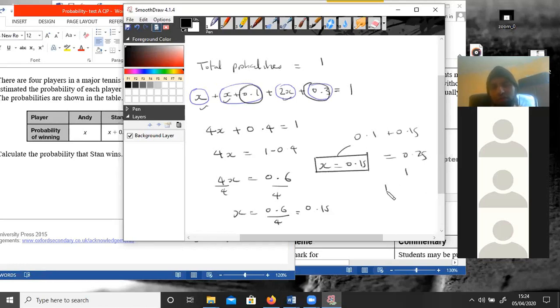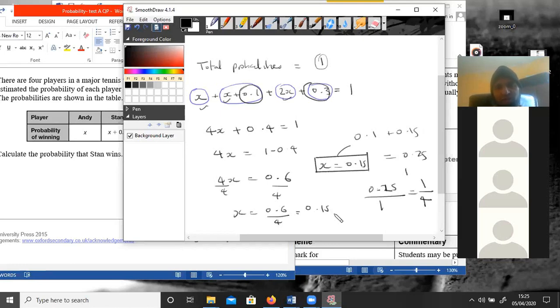Or you could even say 0.25 out of the total, which is 1, equals 1 over 4. Good job. Would they mind if you left it as 0.25? No, they wouldn't mind. Unless they tell you to put it in a fraction, you don't have to. Does that make sense now?